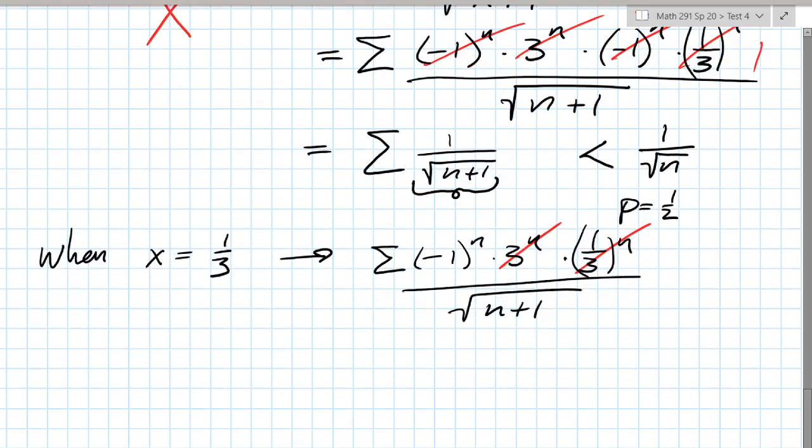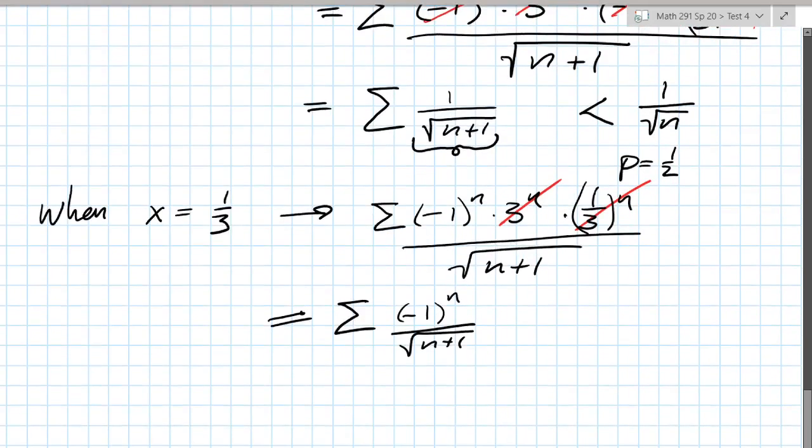Now, when I look at this, I see the sum of negative 1 to the n over the square root of n plus 1. And if you have done your homework, you will recognize this as an alternating series, since the signs alternate, and this is a positive decreasing function. We know this converges.